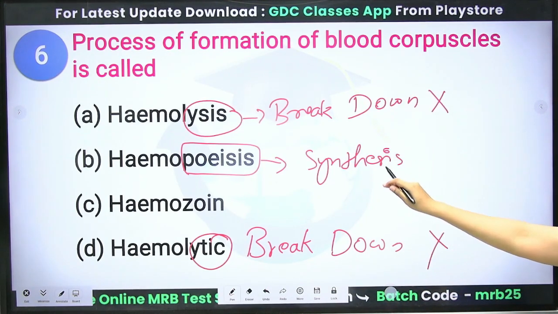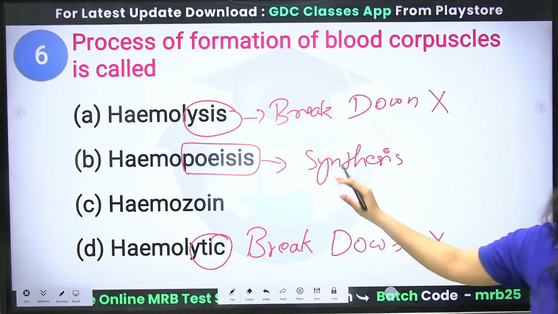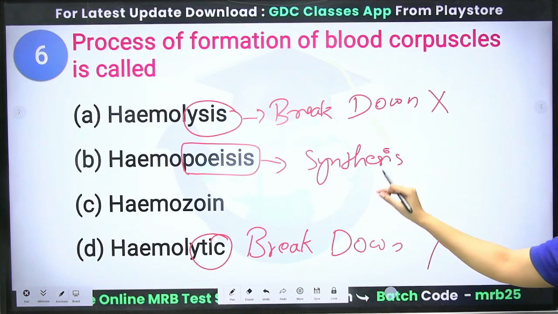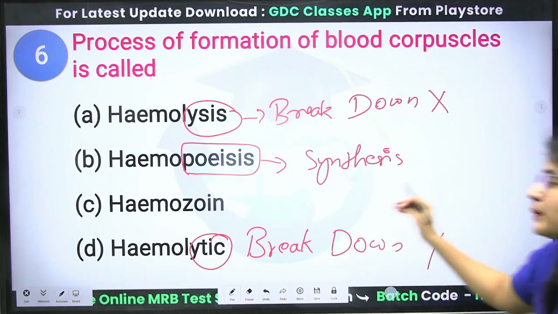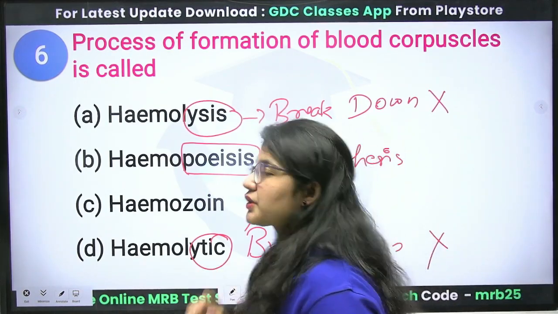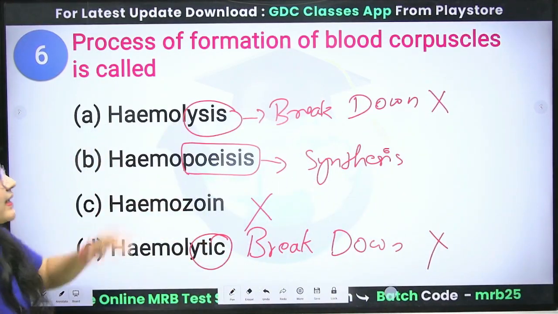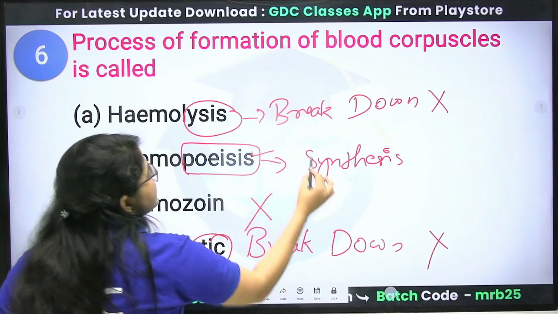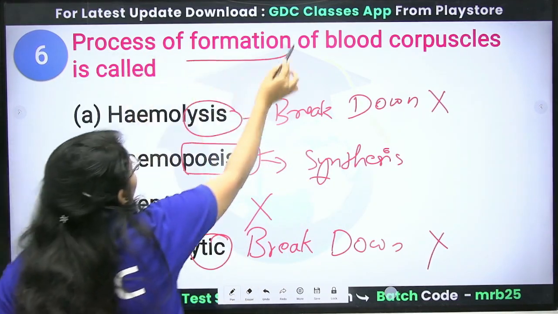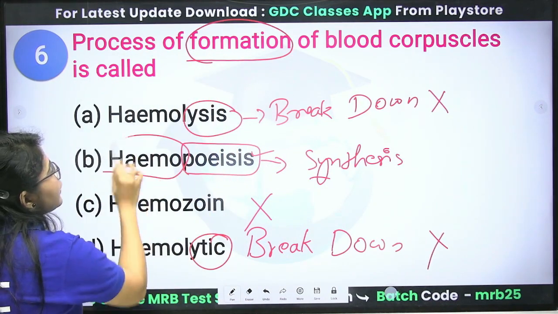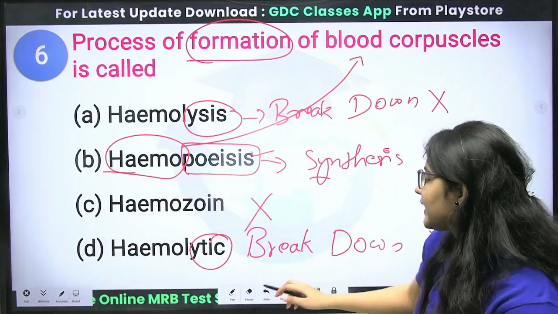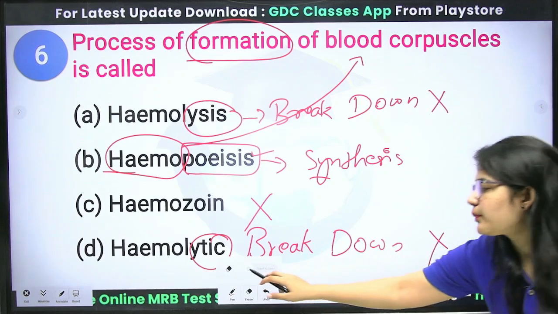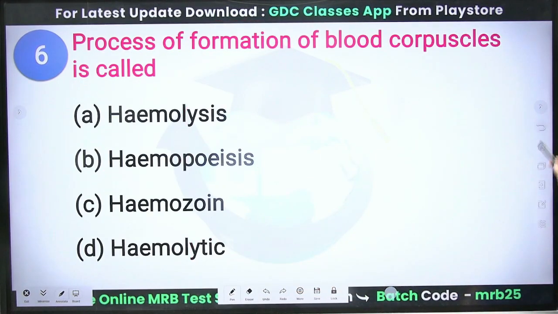And hemozoin is a pigment produced by the parasites after digesting the blood. So this is also not your answer. The left part is hemopoiesis, and poiesis stands for synthesis, that is the formation, and hemo means your blood. Clear? So what is the correct answer? That is hemopoiesis. Clear? Okay.